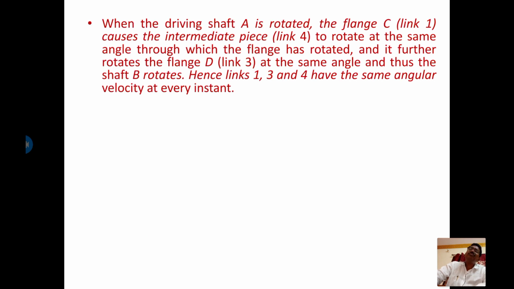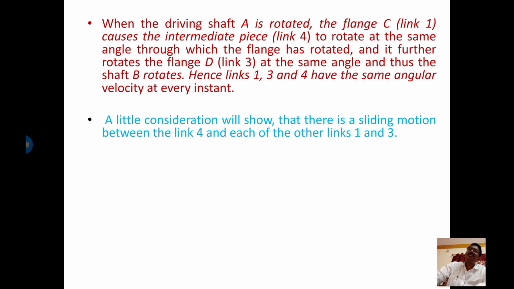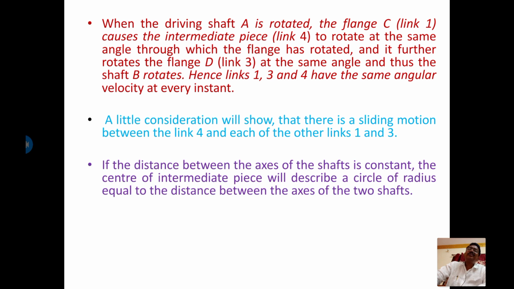When the driving shaft A is rotated, flange C causes the intermediate piece to rotate at the same angle through which the flange has rotated, and further rotates flange D at the same angle, and thus shaft B rotates. Hence links 1, 3 and 4 have the same angular velocity at every instant. There is a sliding motion between link 4 and each of the other links 1 and 3.